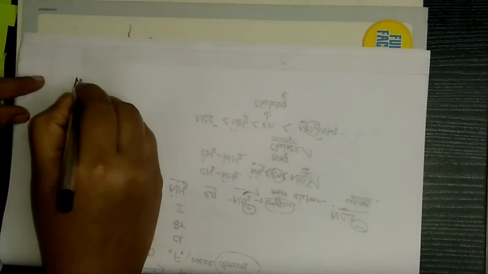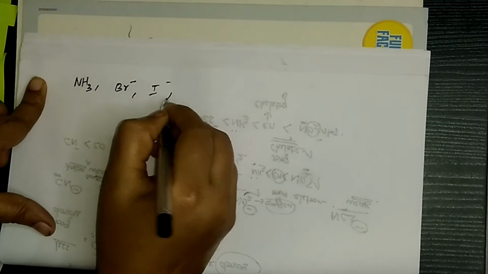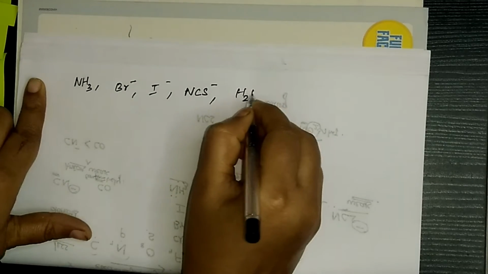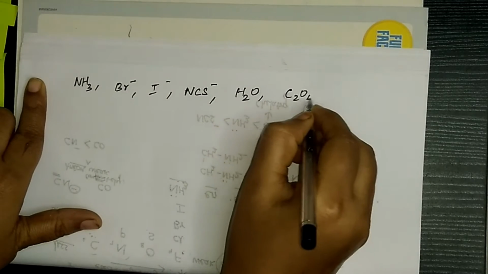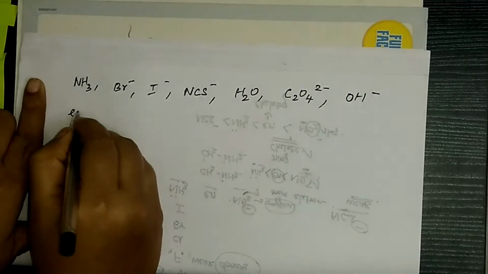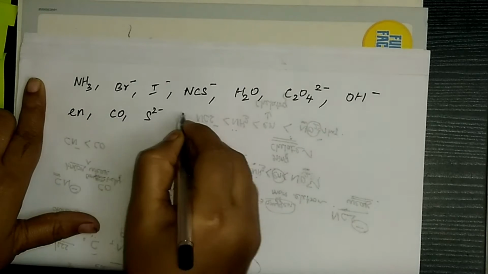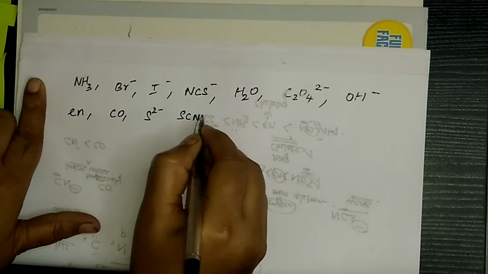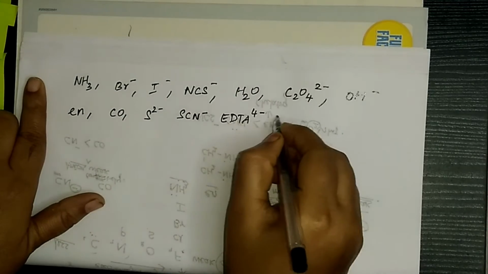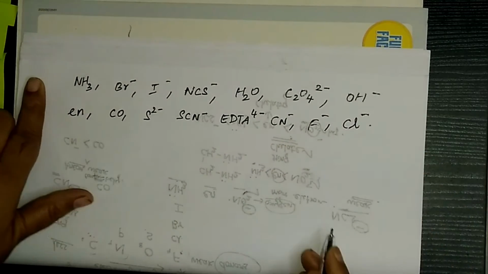Let us take NH3, Br minus, I minus, NCS minus, H2O, C2O4 2 minus, OH minus, ethylene diamine, CO, S2 minus, SCN minus, EDTA 4 minus, CN minus, F minus, Cl minus.